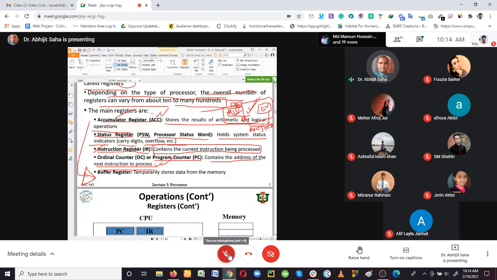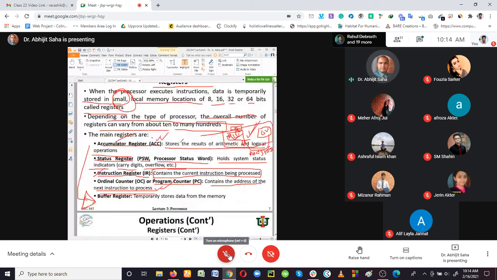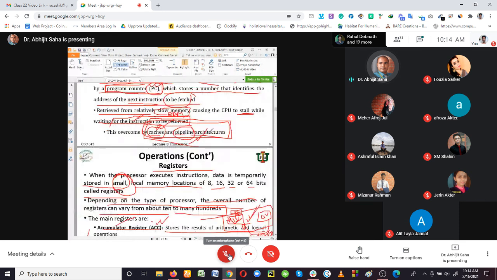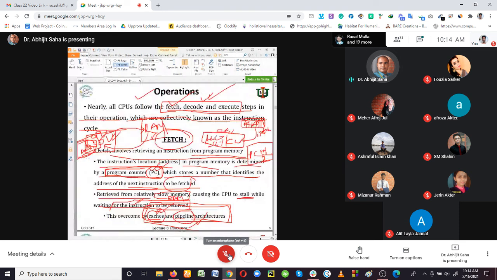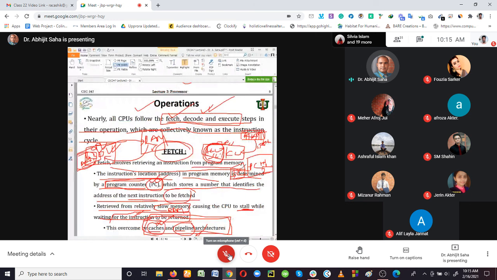Now, what is the instruction register? Inside the processor, when it comes to the PC register, say serial number 1 is having the Viva with the instructor. So serial number 1 is in the IR, not IC, the instruction register. The instruction register is holding what?